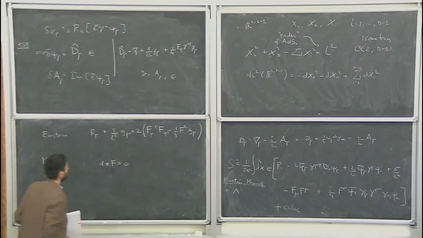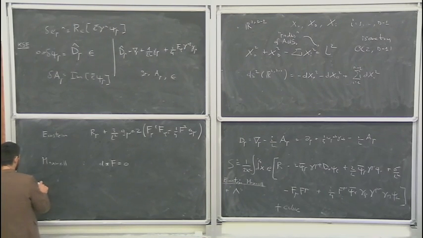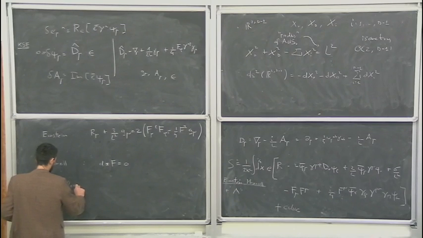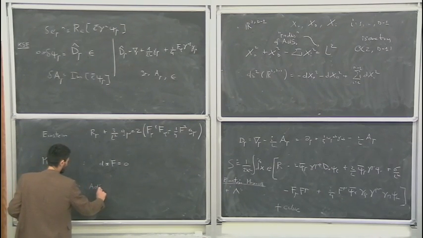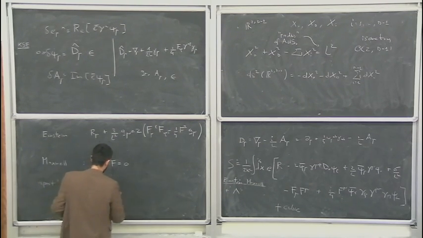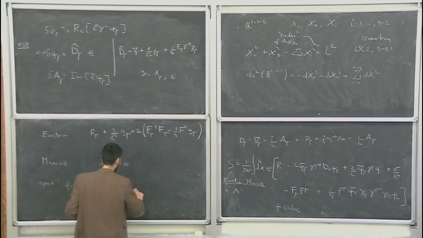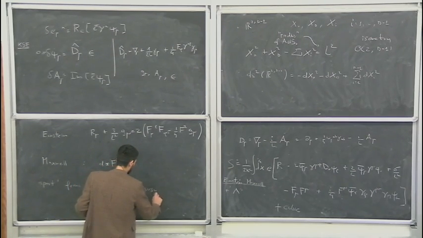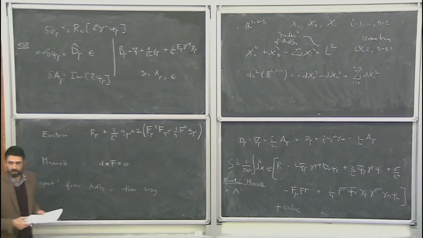But of course, we could be interested in other solutions. So apart from ADS4, what other supersymmetric solutions are there of this theory, SUSY being a shorthand notation for supersymmetric?